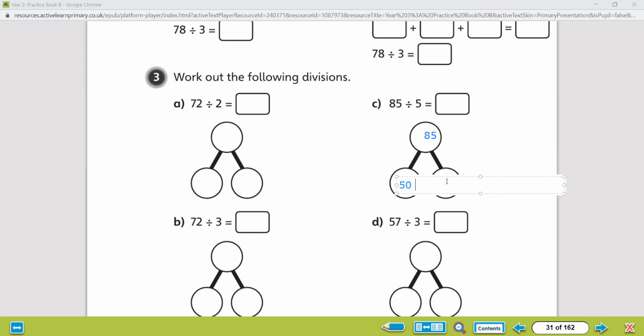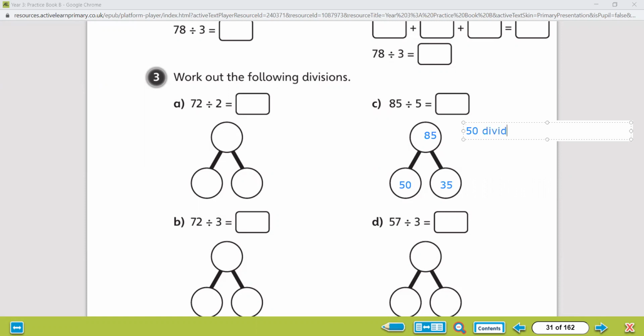And if I take 50 away from 85, counting back in tens from 85, 75, 65, 55, 45, 35, I end up with 35 left. Okay, and now I've got this space to work in here. So I say 50. Remember, I haven't got that divided sign, so I have to write it.